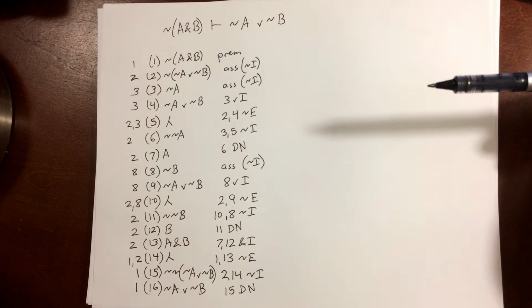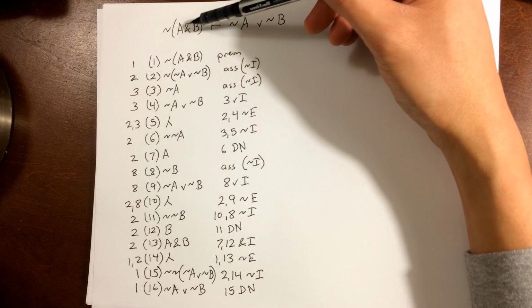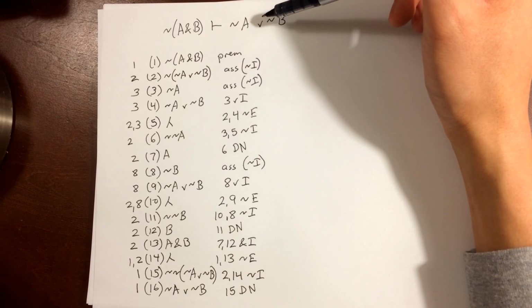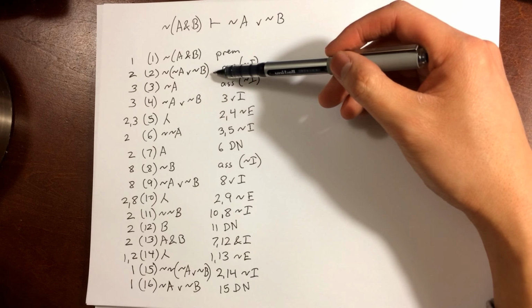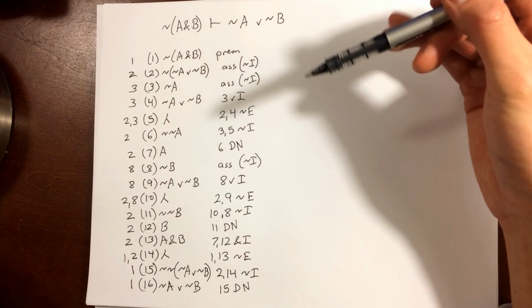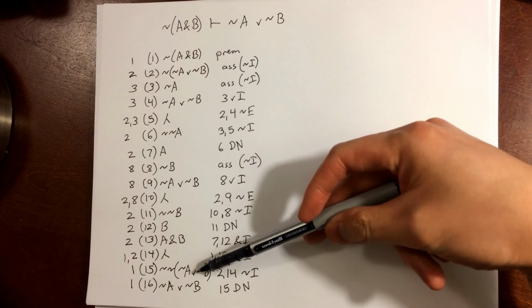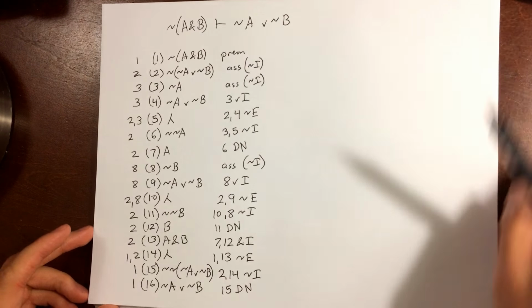It's an indirect proof, they call it, because we didn't go from not A and B directly into not A or not B. What we did is we assumed the opposite was true and then showed that there was a contradiction. And so given that there's a contradiction, we are going to say that our assumption is wrong.